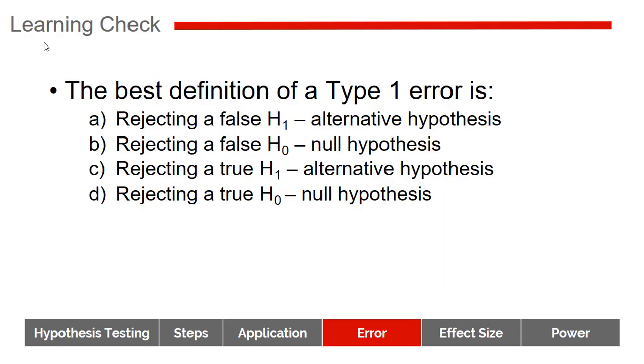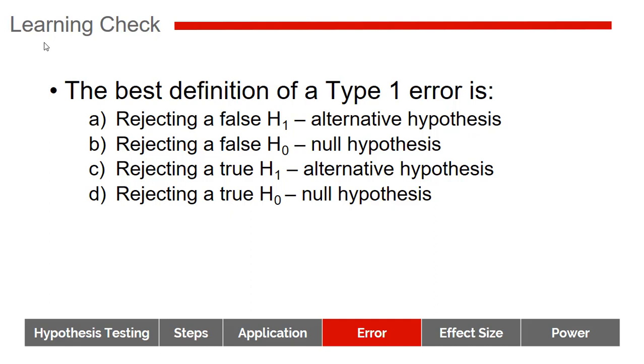So let's do a learning check. The best definition of a type 1 error is what? Go ahead and pause the video to read these 4 options. Well, first of all, we can just get rid of A and C altogether because, as I mentioned before, we're not rejecting or accepting a true or a false alternative hypothesis. Just get rid of alternative hypothesis in this whole calculation.